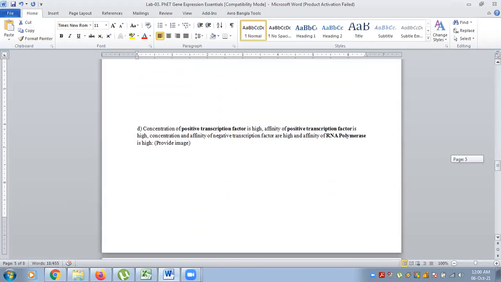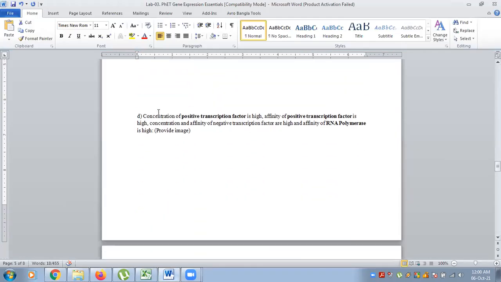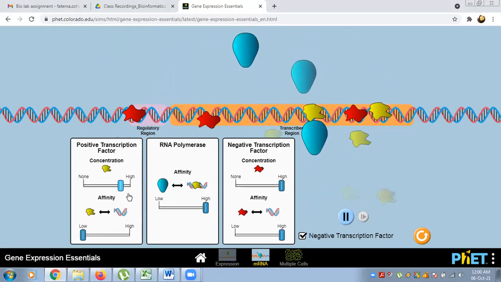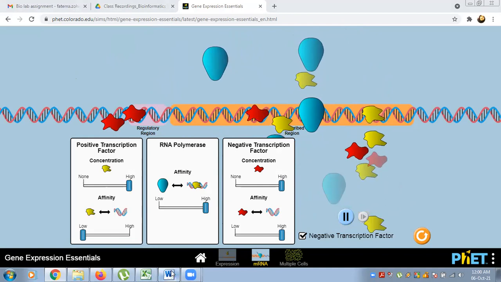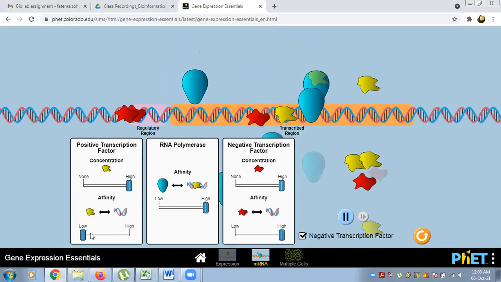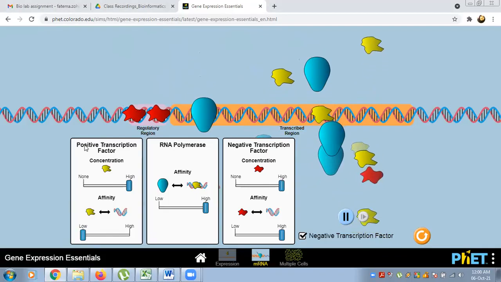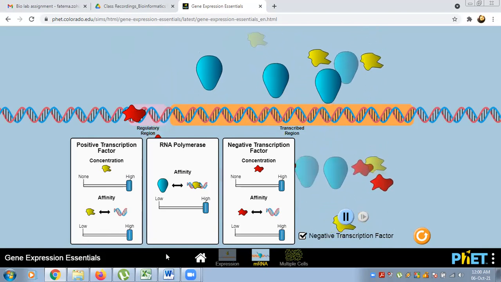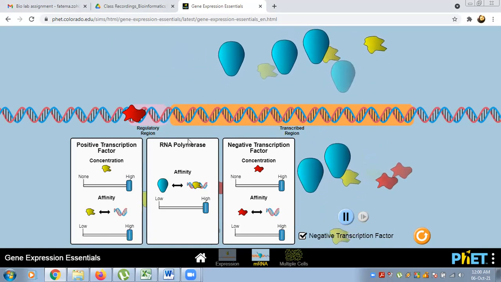Now, D, concentration of positive transcription factor is high. All right, concentration of positive transcription factor is high. Affinity of positive transcription factor is also high. So I'm making affinity of positive transcription factor as high so that it can bind to the mRNA.